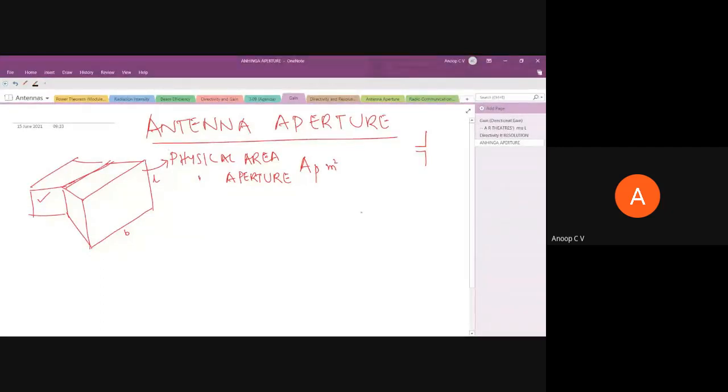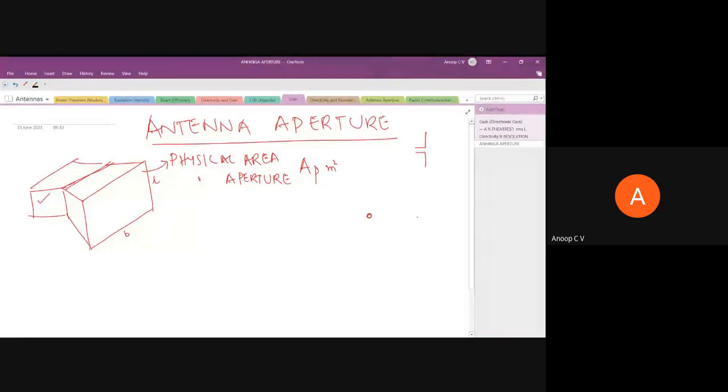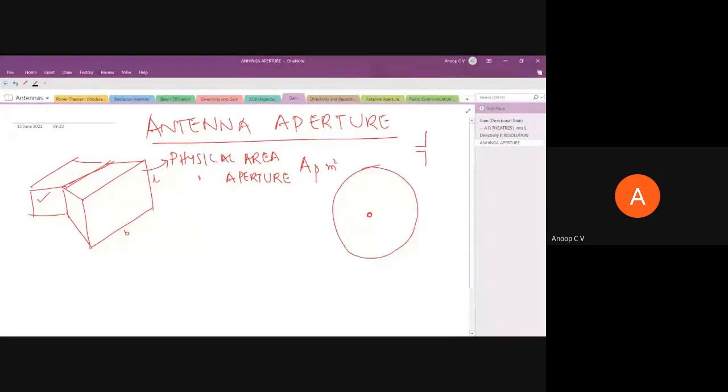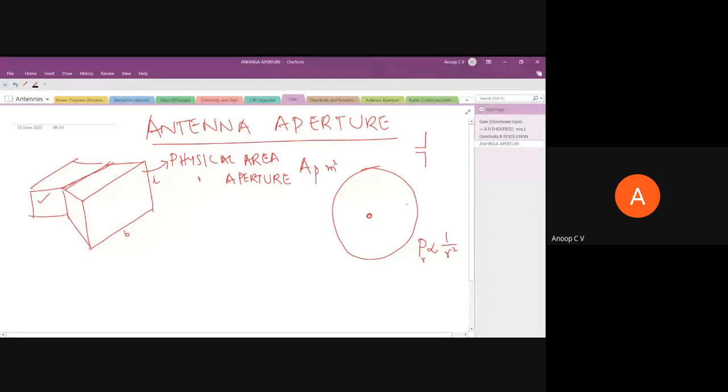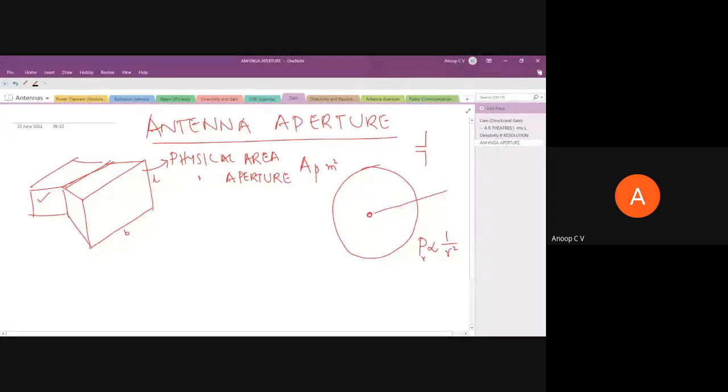If any source is there, suppose it's an isotropic source, it will radiate power spherically, which means power is inversely proportional to 1 by R square. As you move away from the antenna, power will be spread across a sphere of area 4 pi R square.